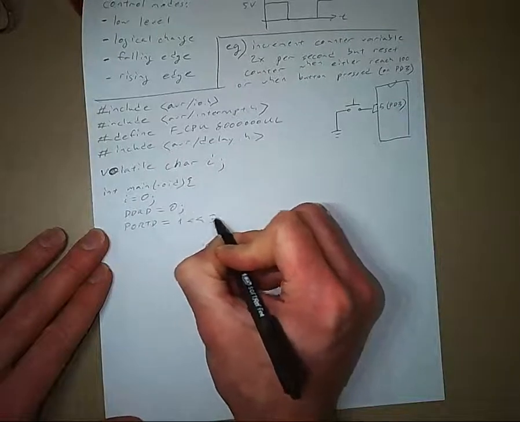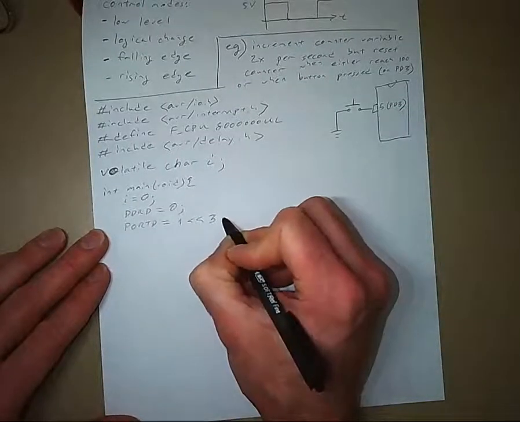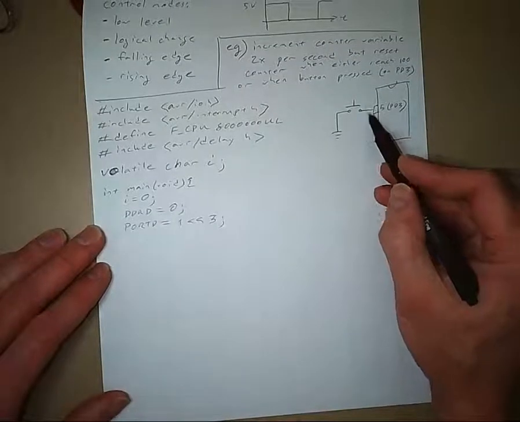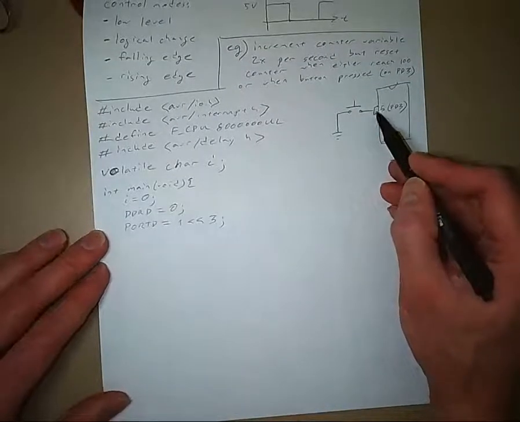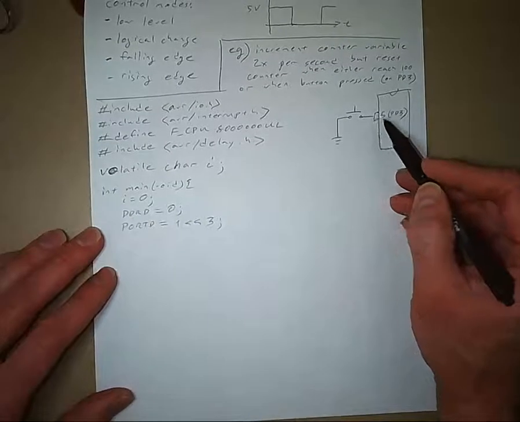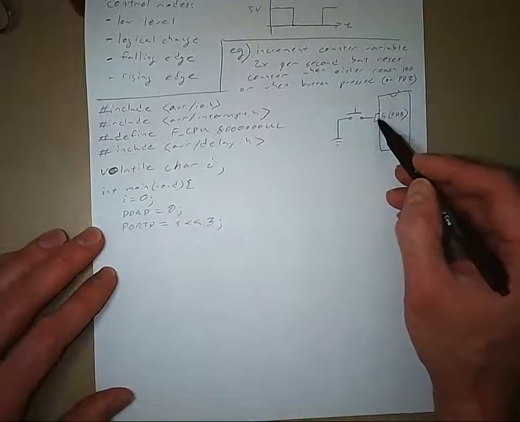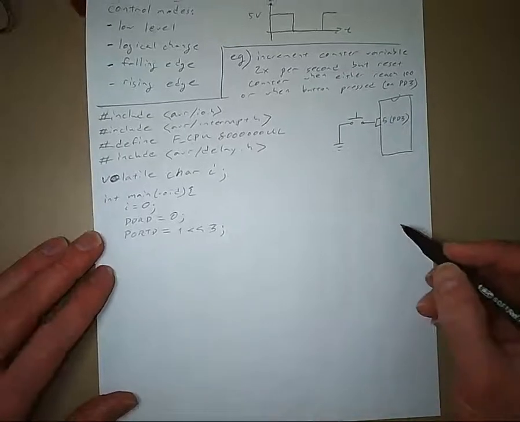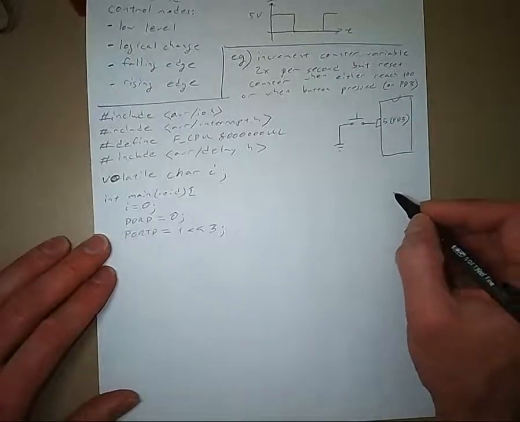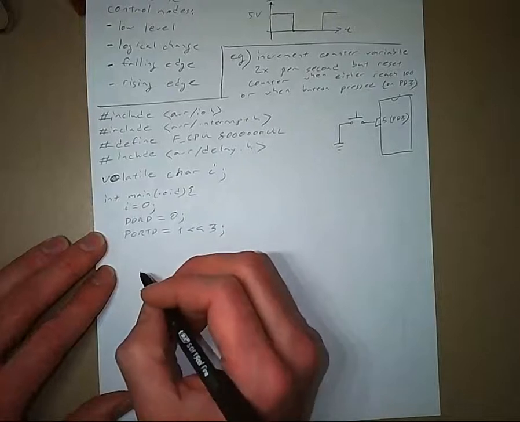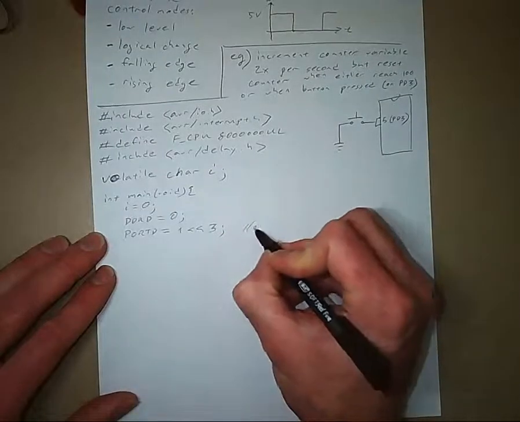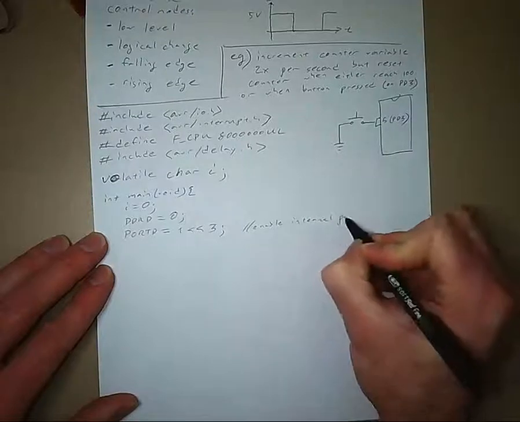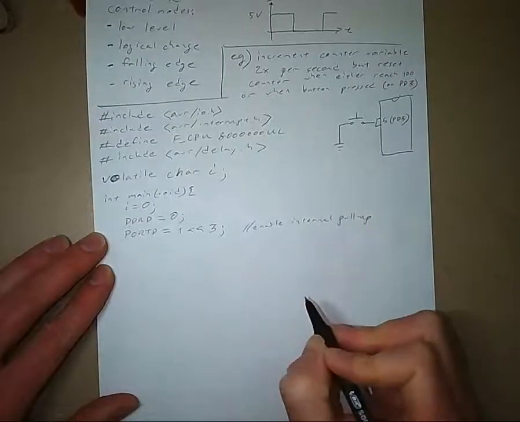Enable the internal pull-up resistor on port D pin 3, because without the internal pull-up resistor, whenever the button's not pressed, this would be at an unknown voltage. So the internal pull-up resistor will keep this pin at high voltage whenever the button's not pressed. And so enable internal pull-up.